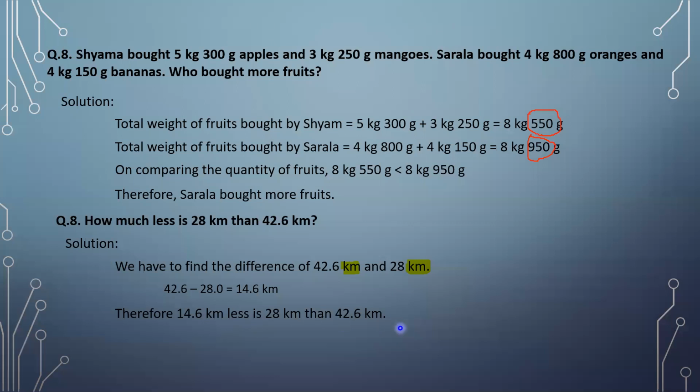Here they only ask what the difference is. That means 28 kilometer is less than 42.6 kilometer, and it is less by 14.6 kilometers.